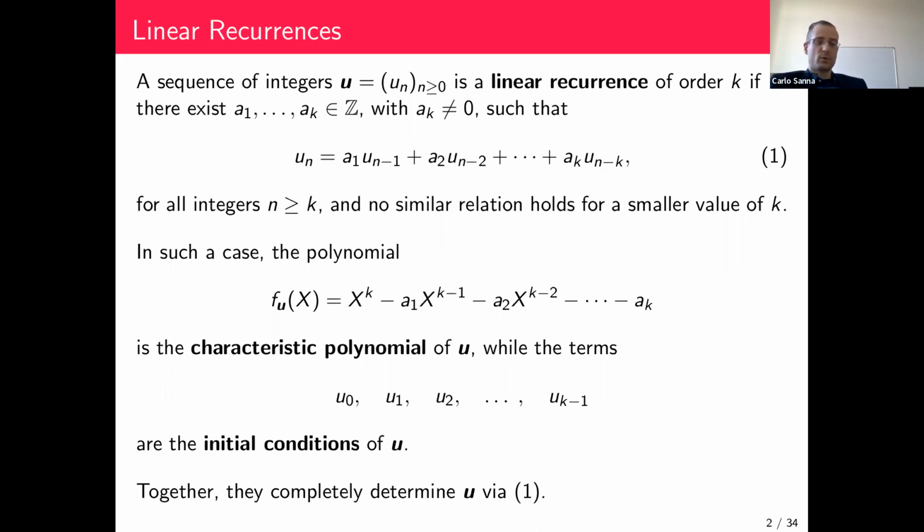And together, the characteristic polynomial and the initial condition determine completely the linear recurrence, because we know how to start and how to compute every other term. Classic example of linear recurrence is the sequence of Fibonacci numbers, in which the first two terms are 0 and 1, and then every other term is the sum of the preceding two terms.